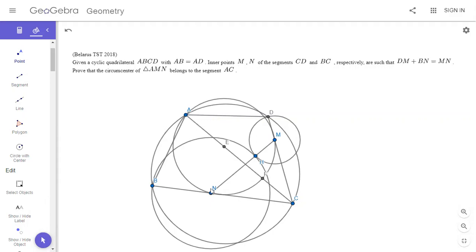So if we could show EN equals EF equals EM, that would solve it. I see a bunch of equivalences here. Oh, but that's true. Wait a sec. We have EF is equal to EN is equal to EM. Can we show that F is the in-center?